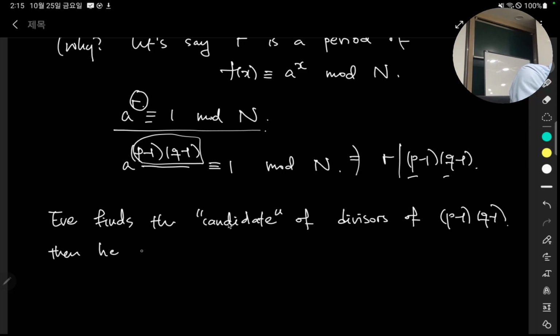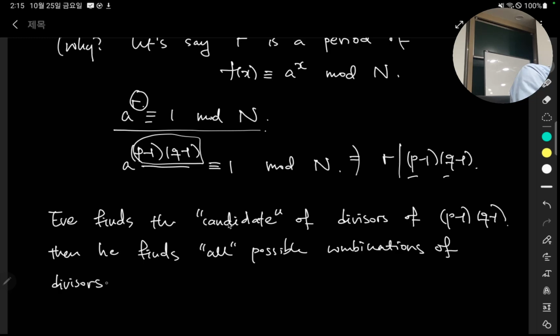Then he finds all possible combinations of divisors to make a number, to make p minus 1 times q minus 1.